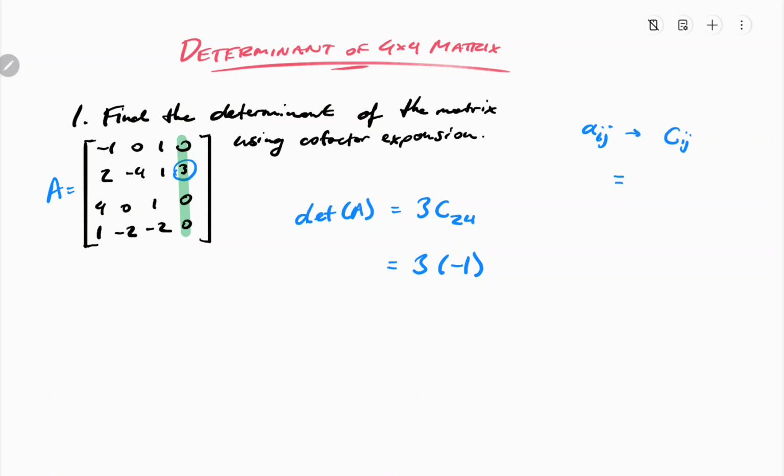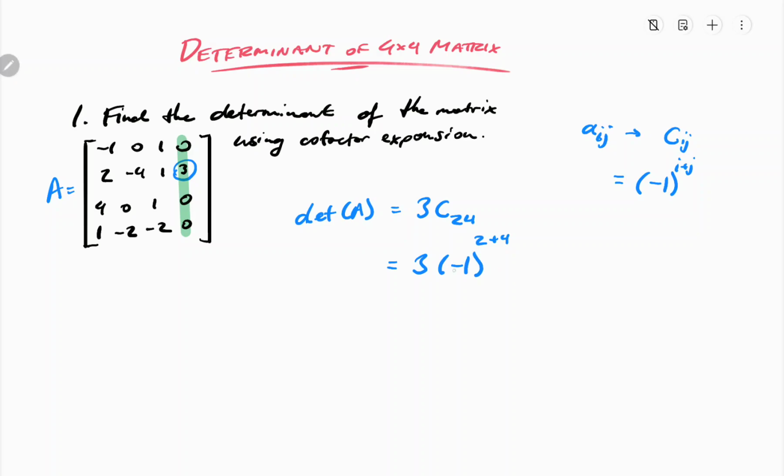What that would equal is -1 to the power of i plus j. Here i is 2 and j is 4. So we have -1 raised to 2 plus 4. This gives us an even exponent and will evaluate to a positive sign.